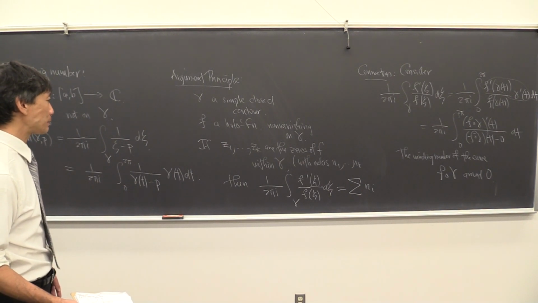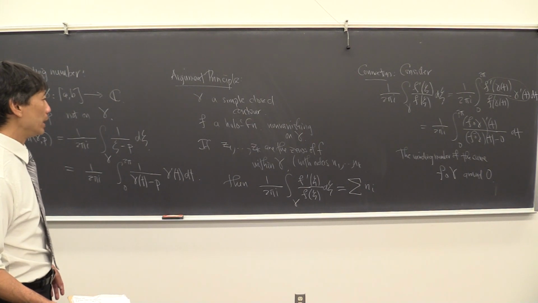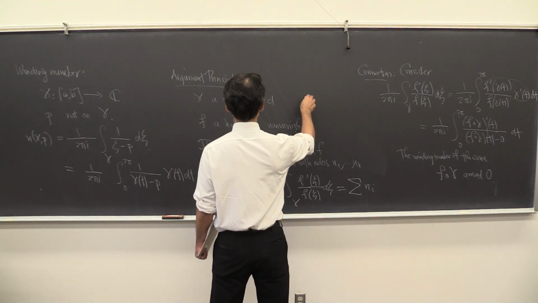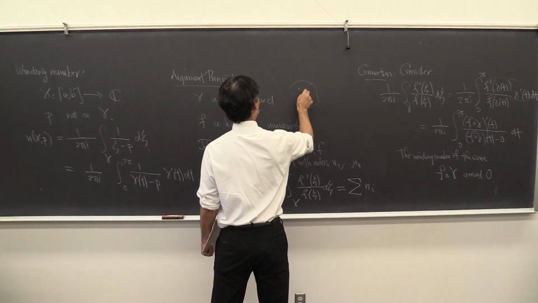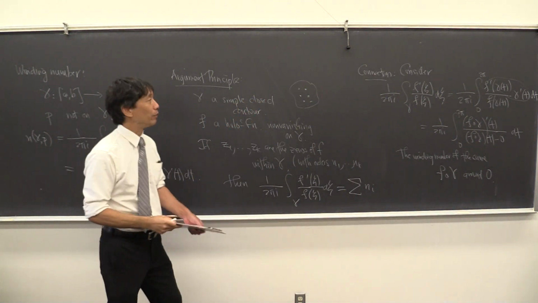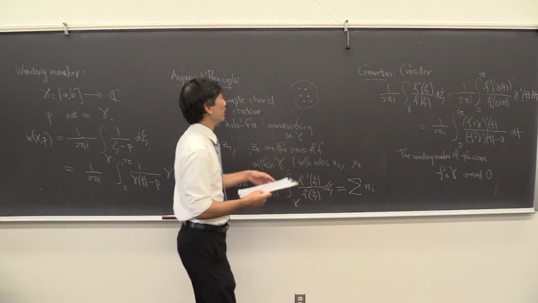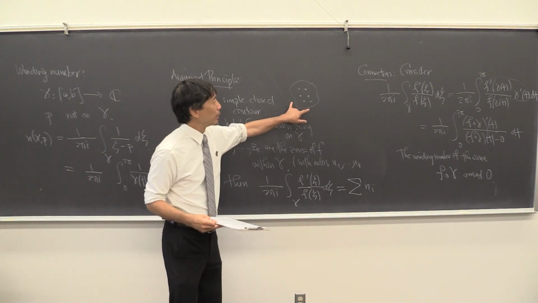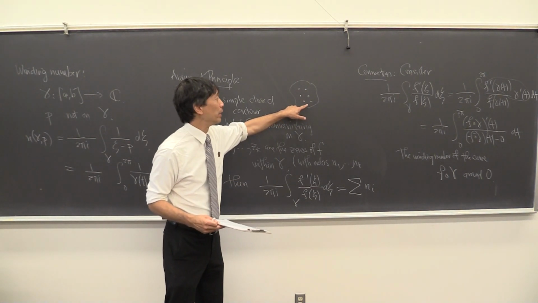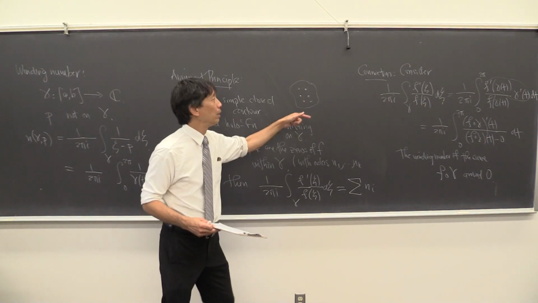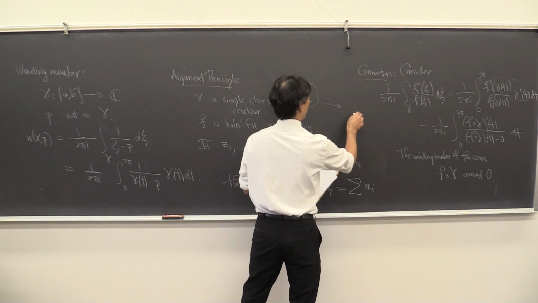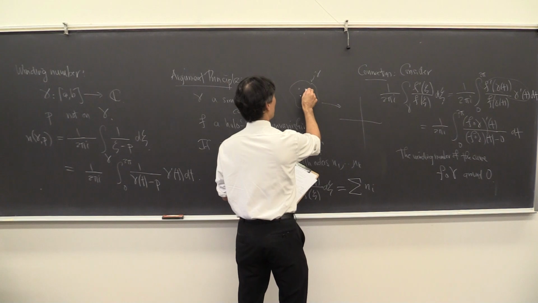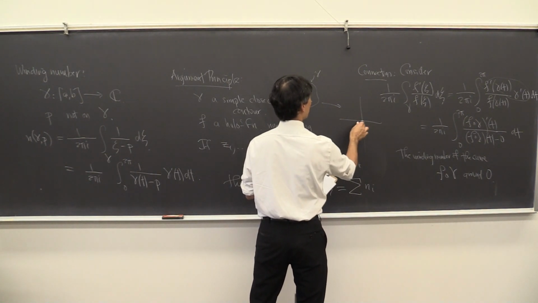So what does the argument principle say? It says that if you have a simple closed contour and a function f that has a bunch of zeros inside this curve, then if you look at the image of the curve through f, so this is gamma, and f maps all of these zeros to 0.